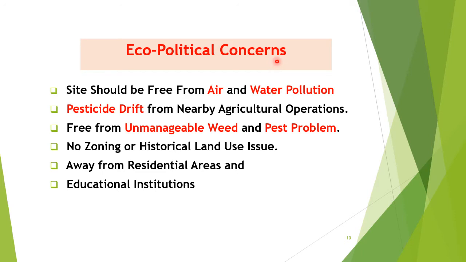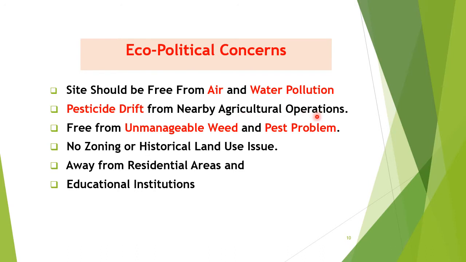Eco-political concerns. We'll have to take these concerns into consideration also. Sites should be free from air and water pollution. You cannot establish your nursery in an area which already has very high air and water pollution. And it should be free from pesticide drift from nearby agriculture operations.